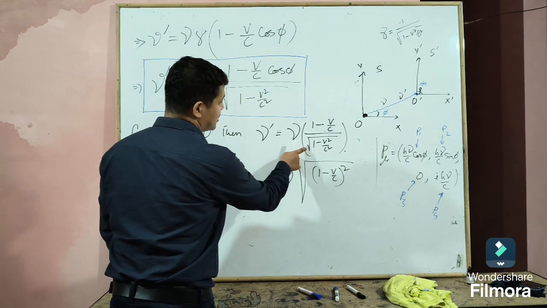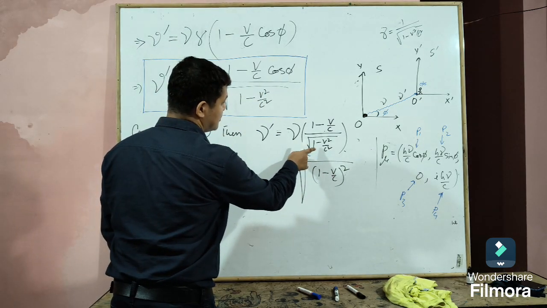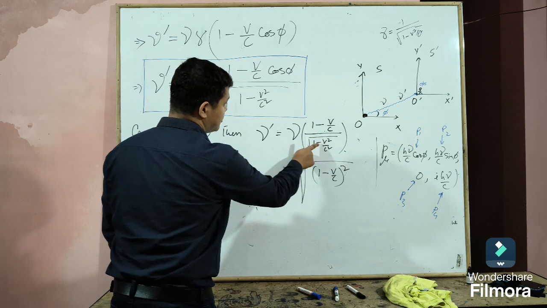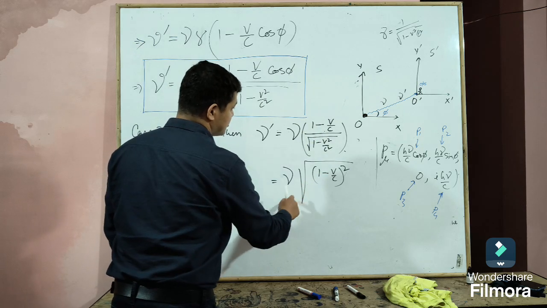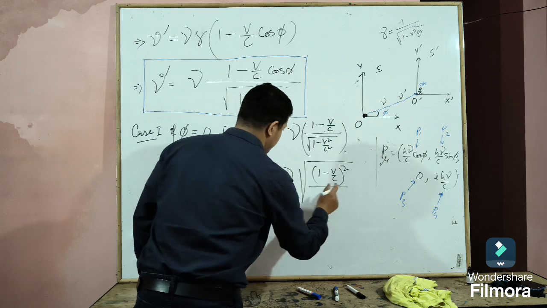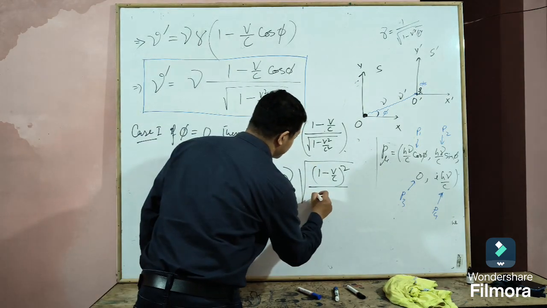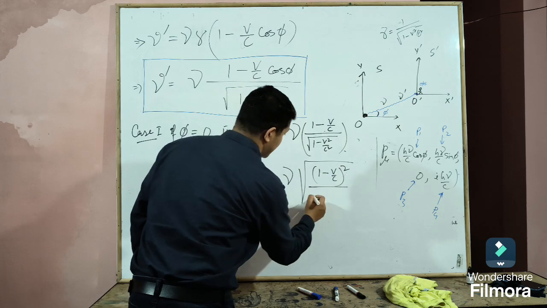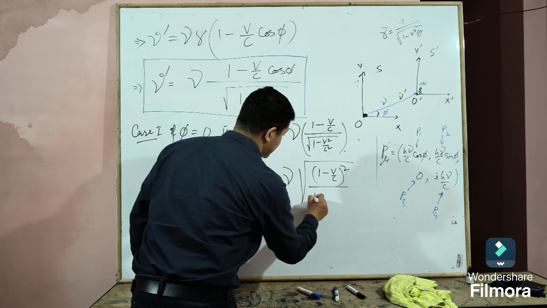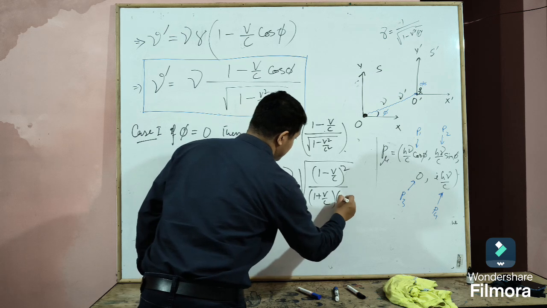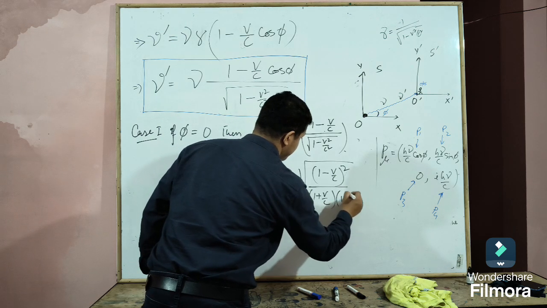So now the root is not only on the denominator, both the denominator and numerator are now under root. If you apply the a square minus b square formula, it can be written this way, right?